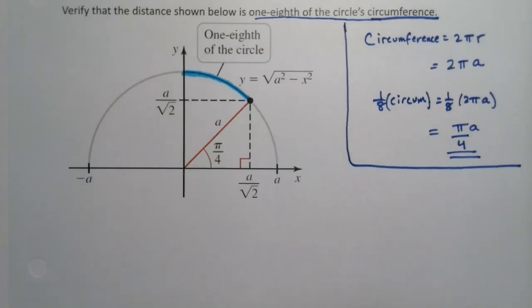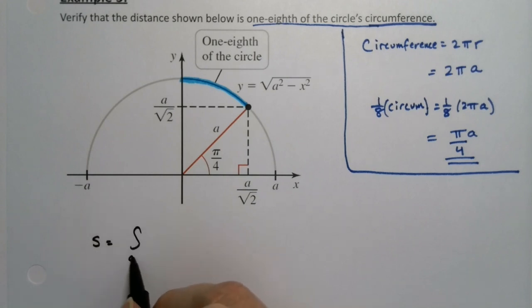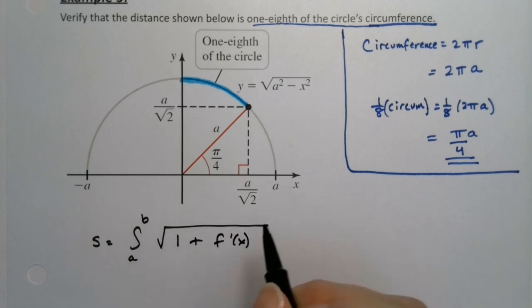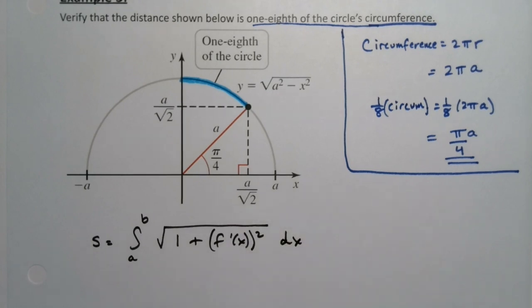All right, so we start off with the arc length formula, which is s is equal to the integral from a to b of the square root of 1 plus f prime of x squared dx. Now, one of the tricky bits is that we need to find what f prime of x is. So you'll notice that you're given f of x, the value of the function.